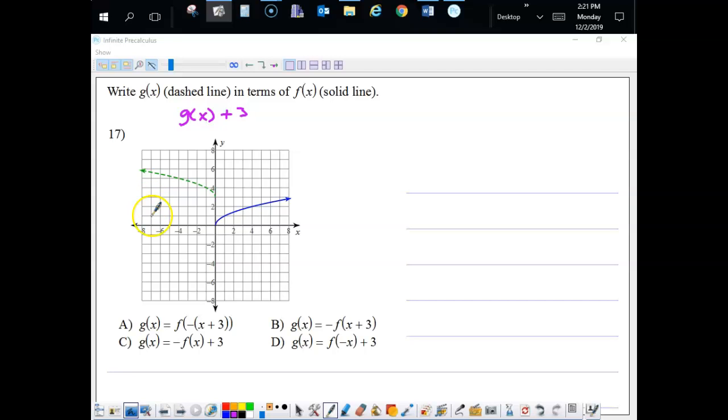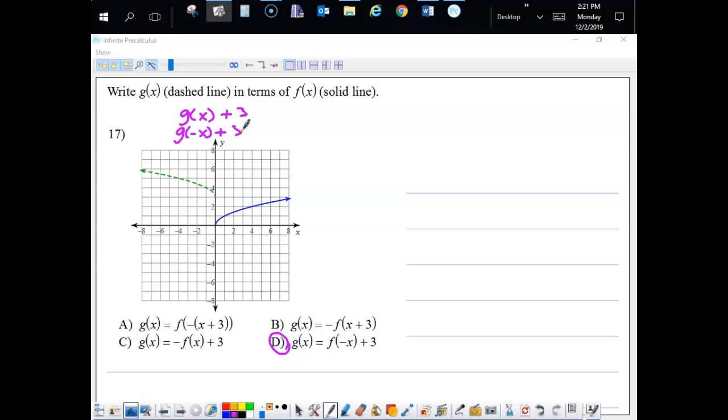So where am I going to put my negative? Inside. So which option is it? Which one has a negative on the inside and moved up 3? It's D. It's not A because the 3 has to be outside the parentheses.